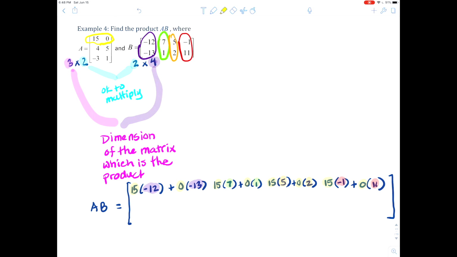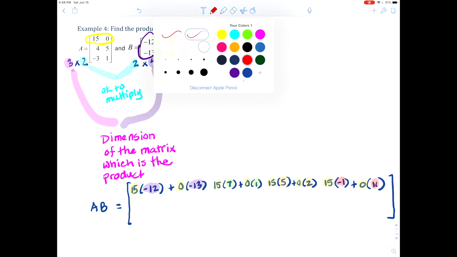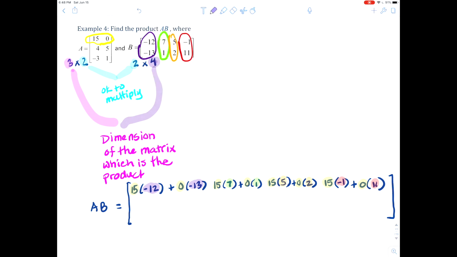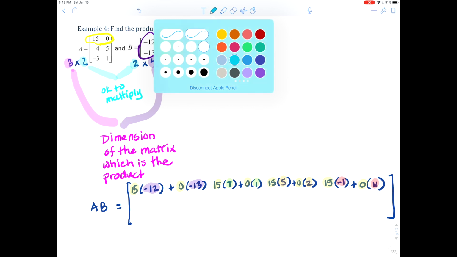All right, so now we're on to the second row of A. For our second row of A, let's do, I don't know, purple? Light purple? No, that'll be too much like the other one. Light blue.